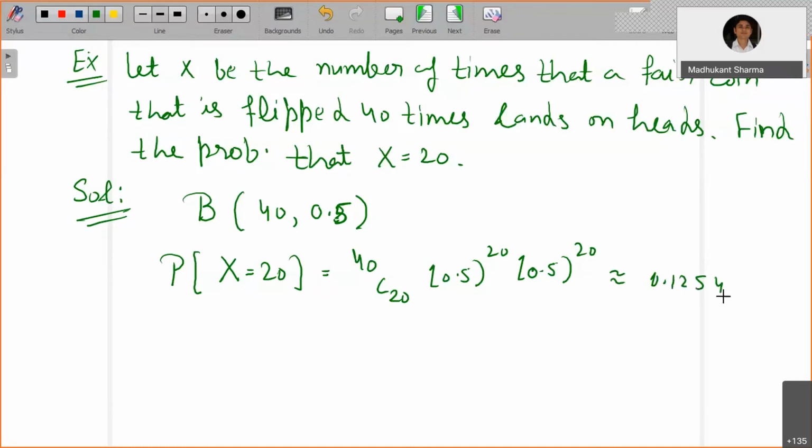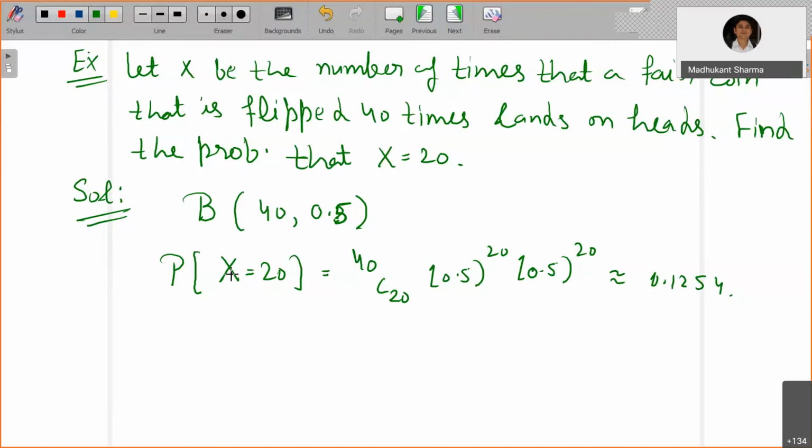You can use that, but 40C20 is very tough to evaluate using a calculator, it is not advisable, since it involves more than 10 factorial. Anyway, now we want to look at this as a normal approximation.